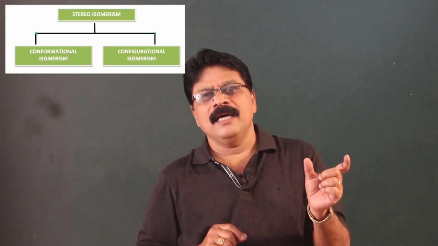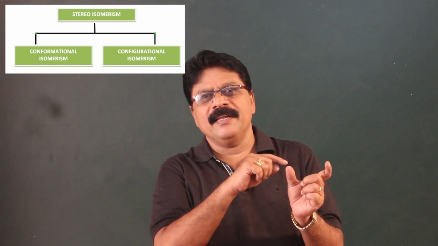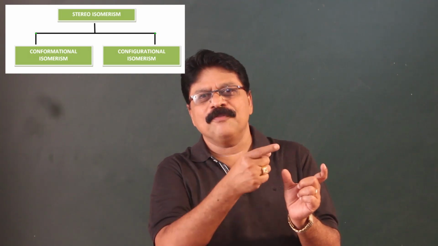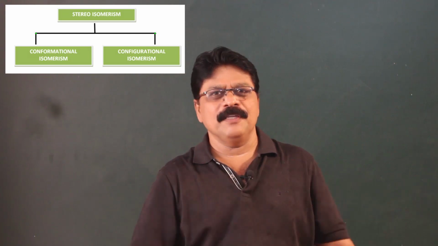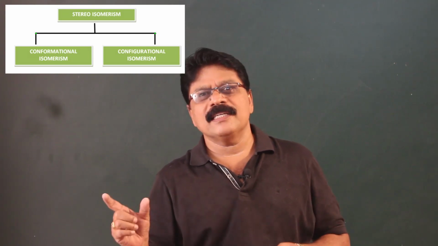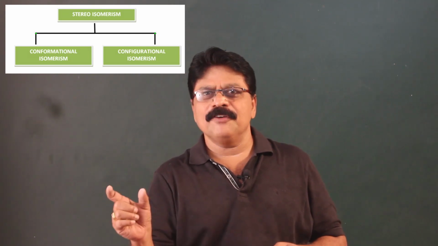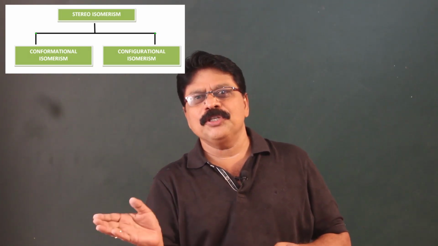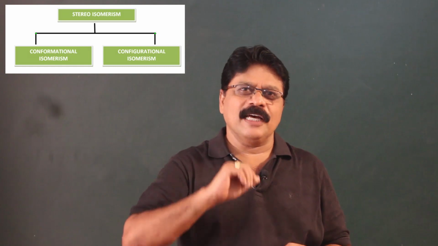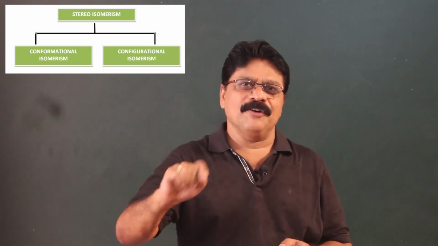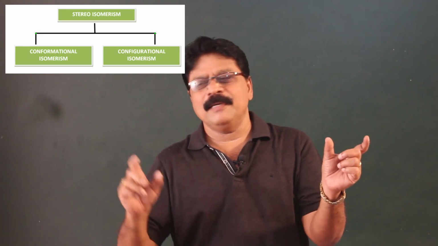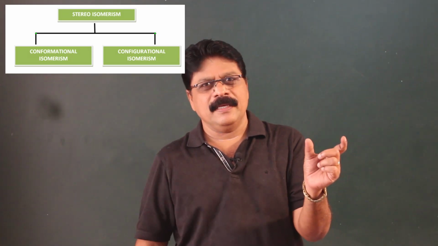Conformational isomers are those where the molecule can change from one to the other without breaking any bonds. Configurational isomers are those where one stereoisomer can get converted to the other only by breaking of bonds. The configuration will change. So, you have conformational isomerism and configurational isomerism.